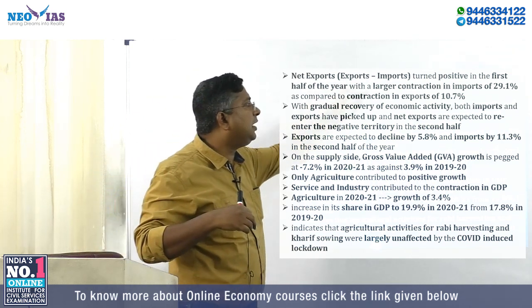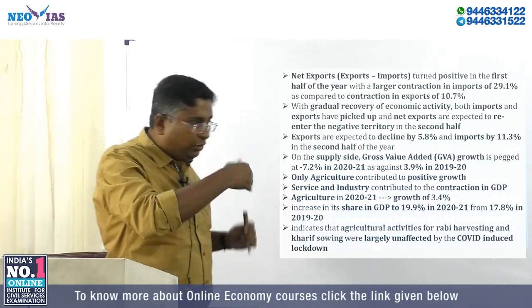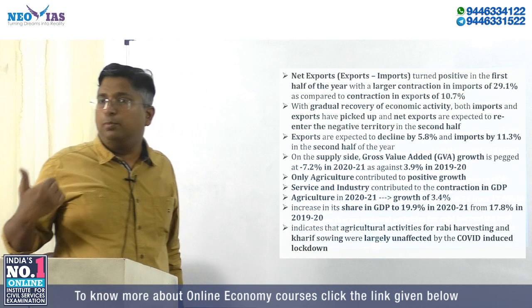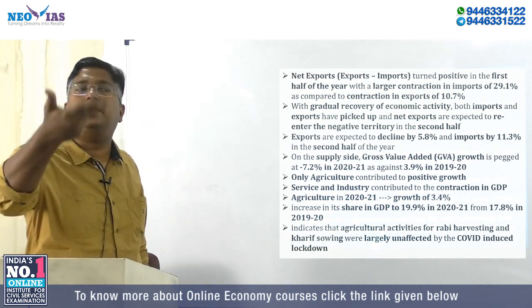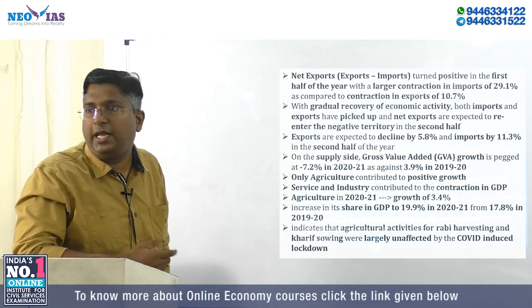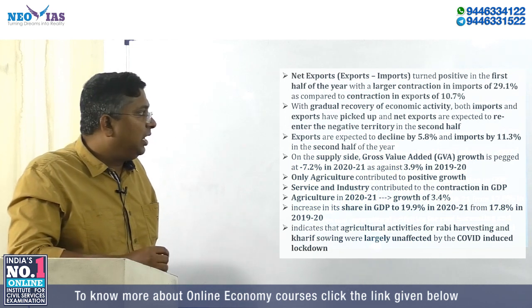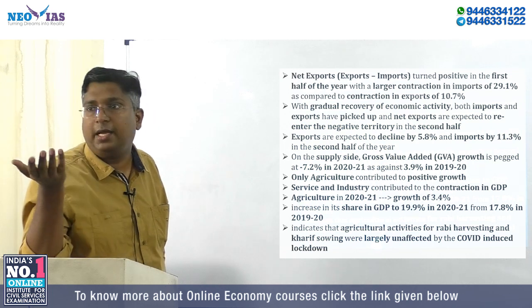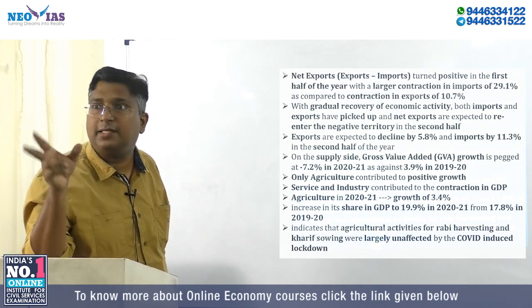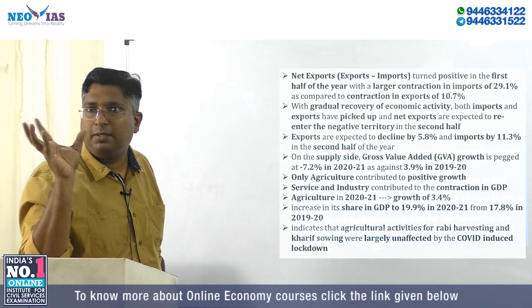Earlier the difference was very high. Even though there is again a fall in import and export, the gap between them has become lower, and that's the reason net exports enter into negative territory, because volume-wise import is very high compared to export. I'll discuss this when I cover the external sector. You will get the figures in the balance of payments.